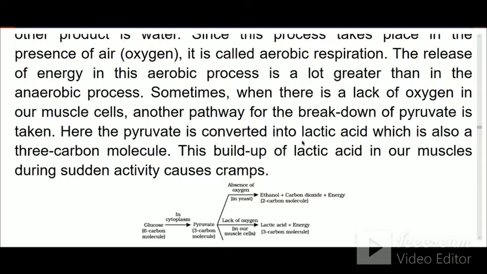Here the pyruvate is converted into lactic acid, which is also a 3 carbon molecule. This builds up lactic acid in our muscles during sudden activity and causes cramps. So while you work out, you feel cramps in your muscles. The pain that you feel in your muscles if you exercise a lot is due to the lactic acid that is produced as a byproduct during lack of oxygen in respiration.